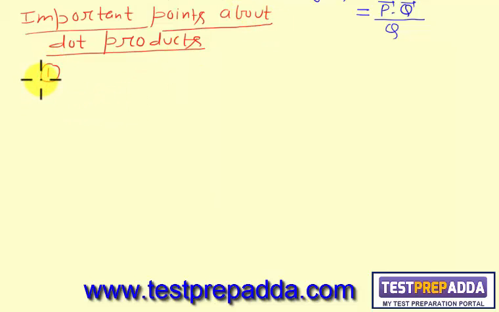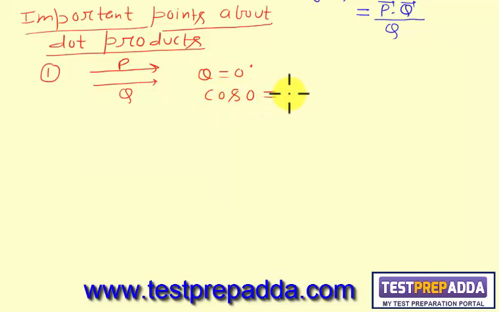First point, if I take two vectors which are parallel vectors, then what will be the angle? The angle will be 0 degrees. And if the angle is 0 degrees, cos 0 will be how much? 1.